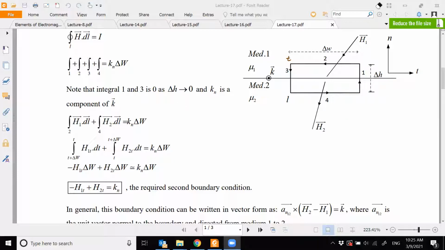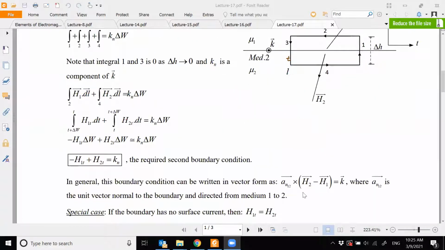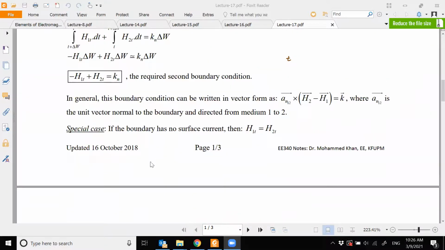That is, the magnetic flux density normal component is continuous across the boundary, whereas the tangential component of magnetic field is not continuous across the boundary because of Kn. For the special case where we don't have a surface current, H1 tangential is equal to H2 tangential.